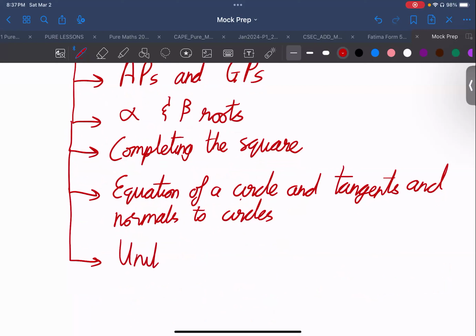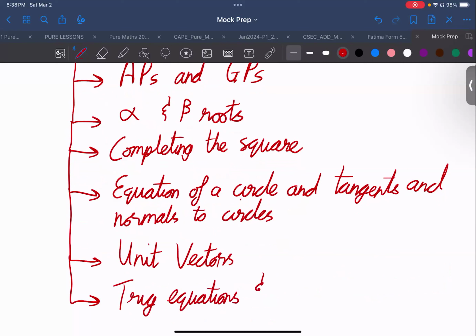Unit vectors. Trig equations and identities.